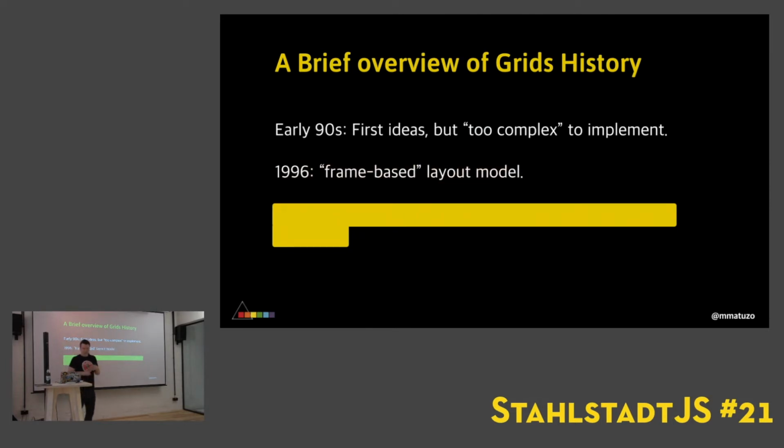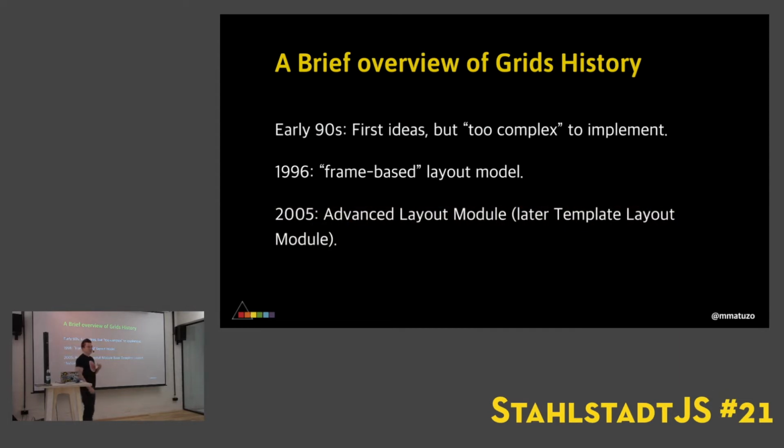Then in the mid-90s, there was a proposal for a thing called the frame-based layout module, but it never found its way into any browser. That's the same for the advanced layout module, which was presented in 2005. So there were many ideas on how to get grids into CSS.